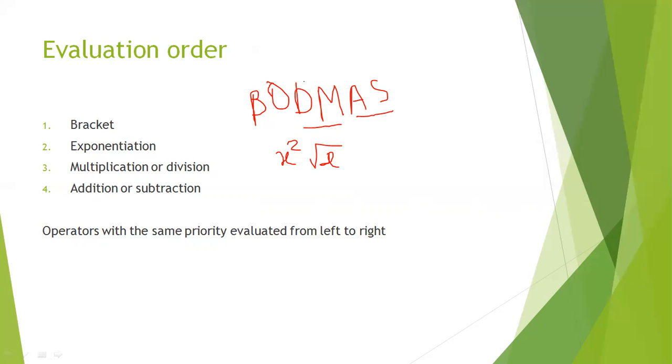Then the next priority is division and multiplication, which have the same priority, and the last priority is addition and subtraction. Operators with the same priority are always evaluated from left to right.